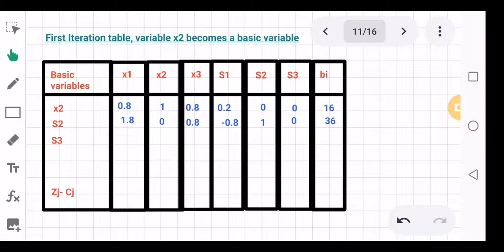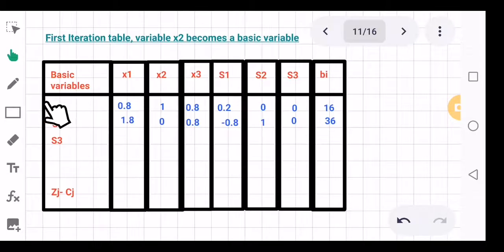So every time you are just taking this new element, in case of row 2, even if there are 4 more rows that you need to calculate, every time you will take the elements of the x2 row. Why are we taking the elements of this row? Because this is the new variable which has entered.